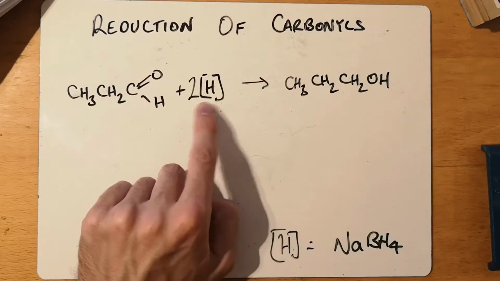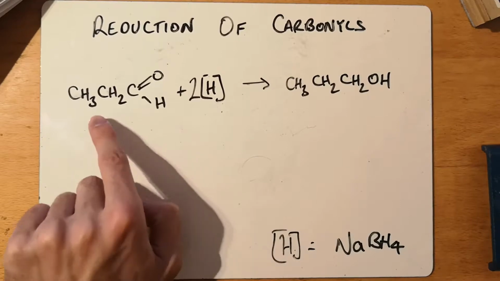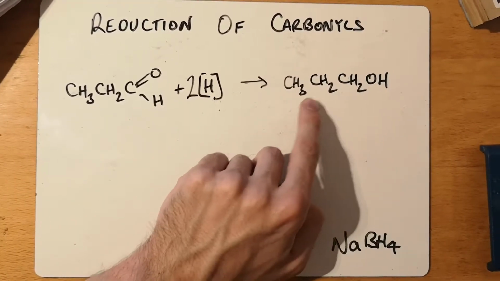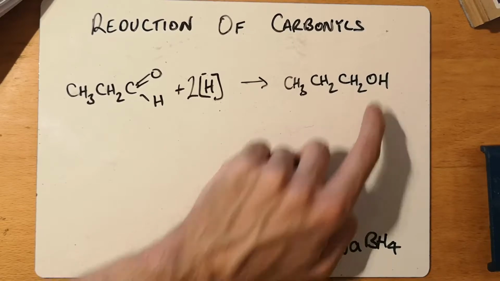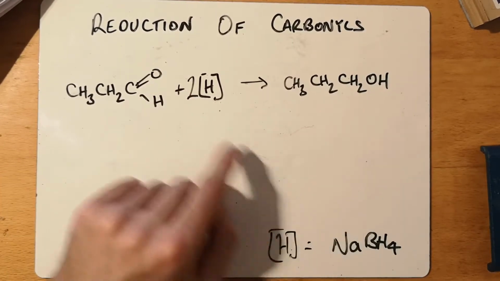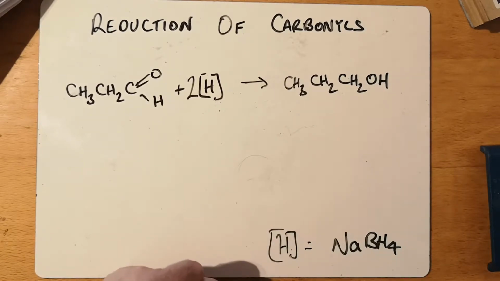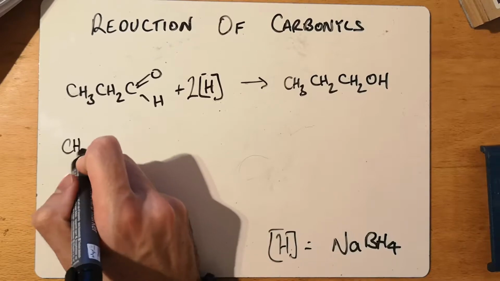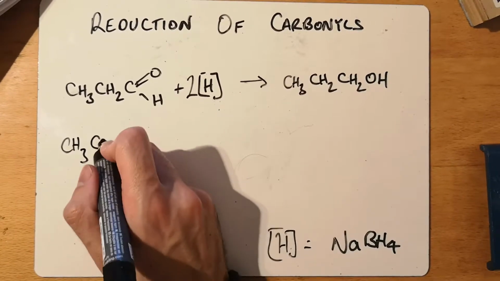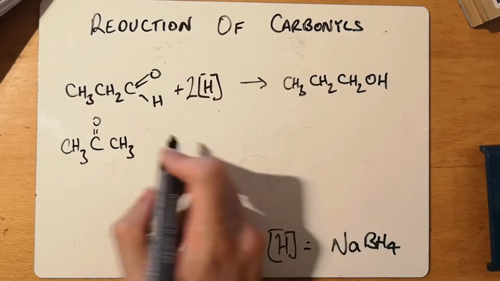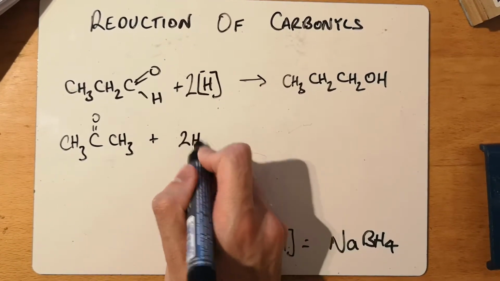We see that should balance. This is why we need 2 in front of this H, because we had 6 hydrogens there, and in the alcohol we've got 8 hydrogens. We've got 1 oxygen and 3 carbons, so it balances. A ketone does exactly the same thing.